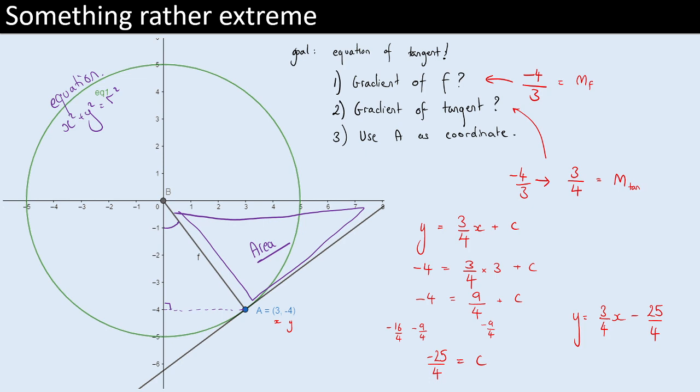Area of a triangle, I know that. Tangents, gradients, perpendiculars, all of this kind of stuff. If you can remember what each of these bits are, then when you come to look at an extreme problem like this, you can break it down into those smaller parts and deal with one step at a time. What can I find out? Well, I can find out this.